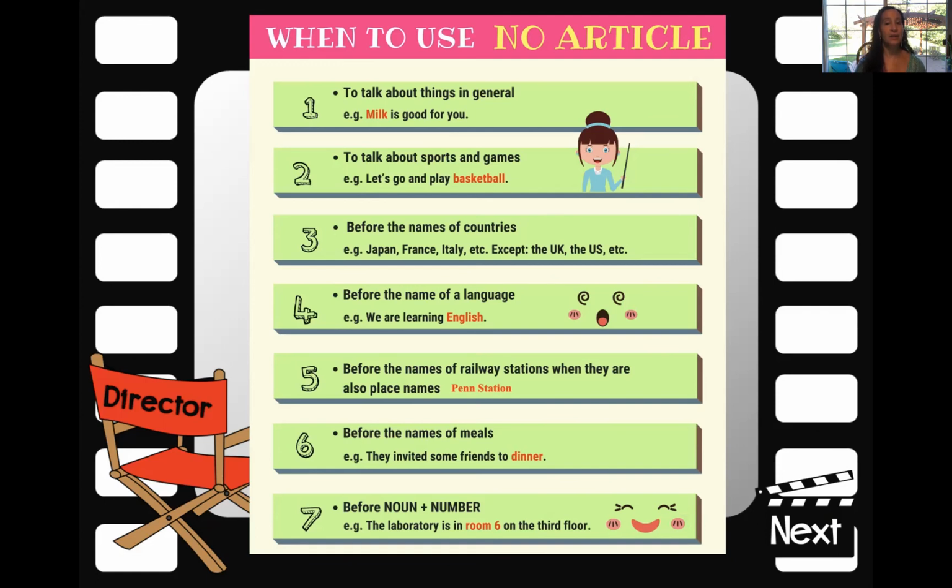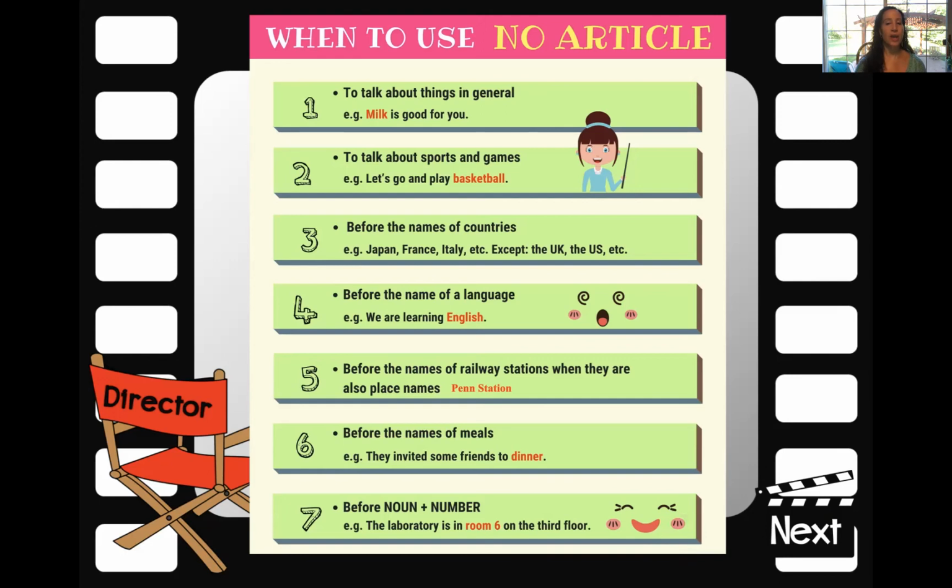Okay, but if we are going to say the UK or the US, then those are exceptions. So we wouldn't say the New York, we would say Japan, France, Italy. We wouldn't say the Japan, the France, the Italy. We wouldn't put an article, okay?